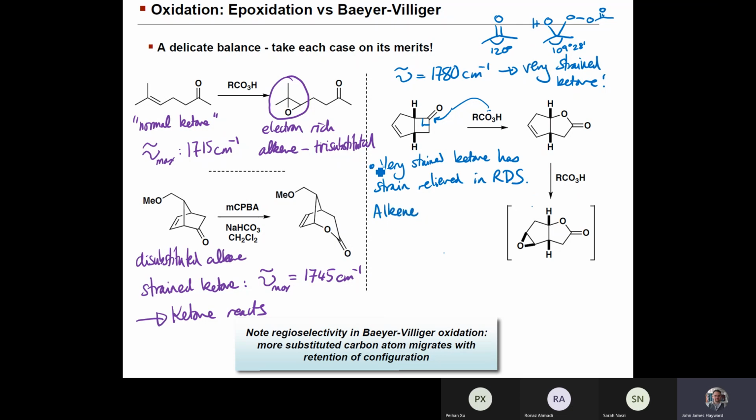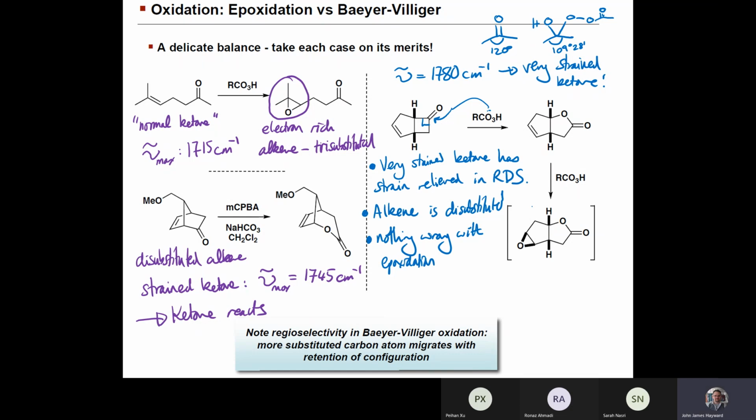The alkene is disubstituted, but there's nothing wrong with epoxidation. So if you have two equivalents of mCPBA, you will do the epoxidation as well, but the strain on the ketone is severe and it will react there first.